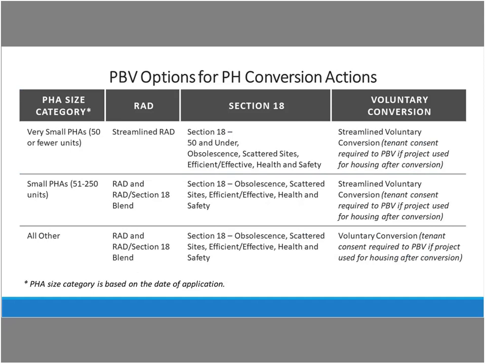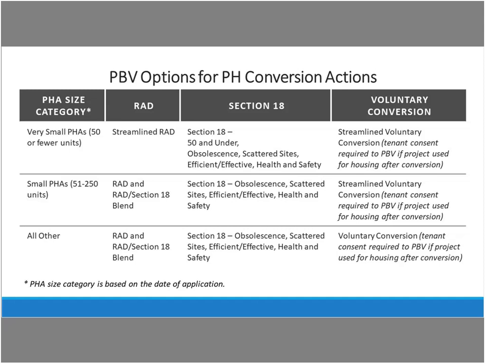So how do you get to that project-based voucher contract? Options for conversion. Depending upon the size of your organization, there are different eligibility paths that you could choose. Beginning with the very small housing authorities, a very small housing authority could use RAD, and the streamlined RAD conversion to achieve a RAD PBV contract.